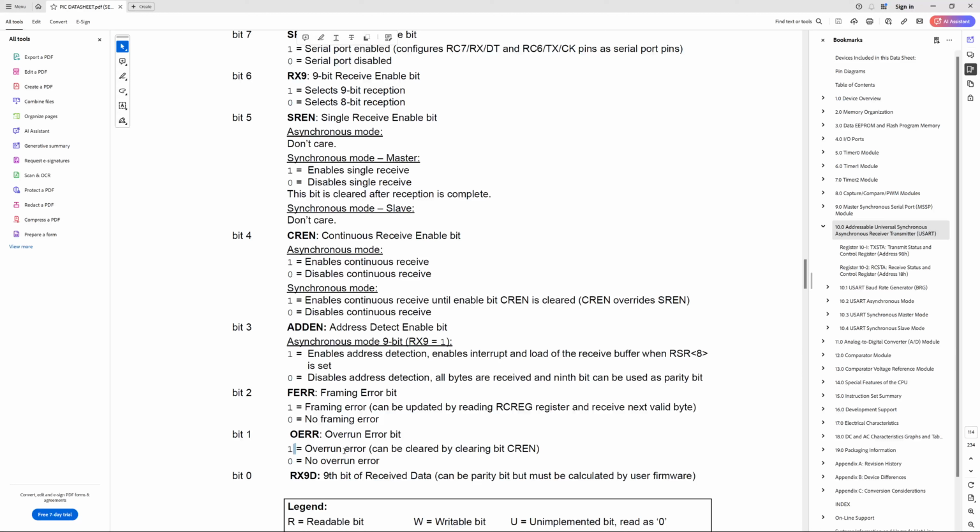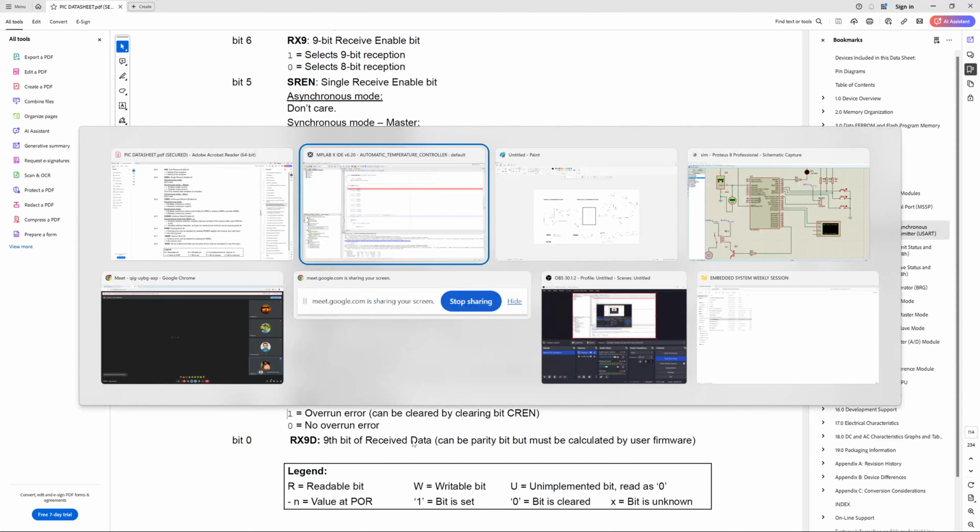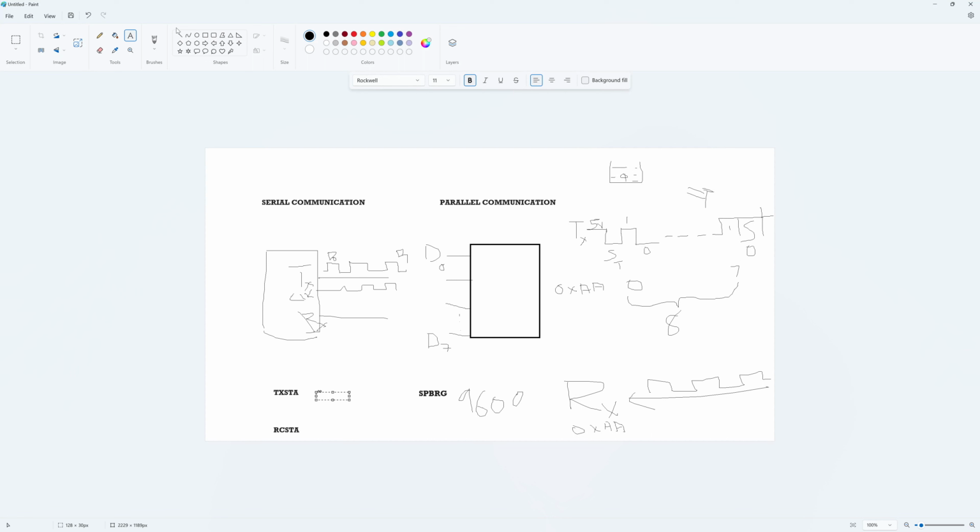1 means there is an overrun error. Suppose TX is sending data and RX is receiving that data, but the controller actually didn't receive that particular data. I will explain what it is. You have your microcontroller, right?